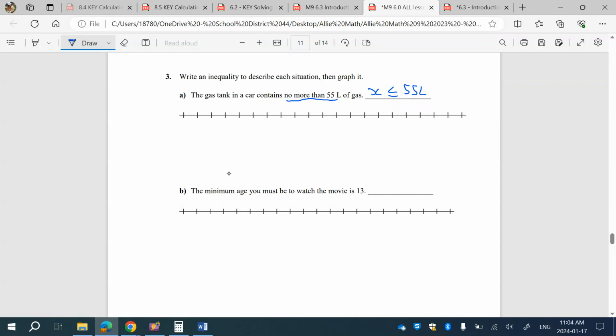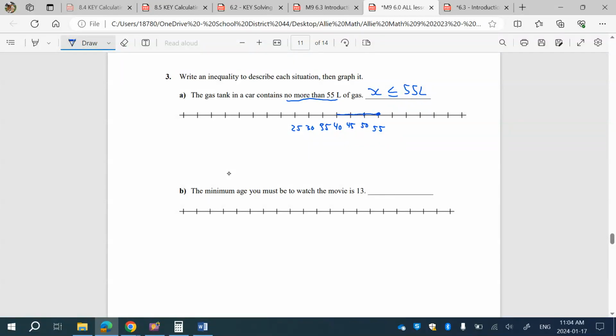So now we can make this, if we want, 55. And maybe let's do increments of 5. So this could be 50. This could be 45, 40, 35, 30, 25, etc.